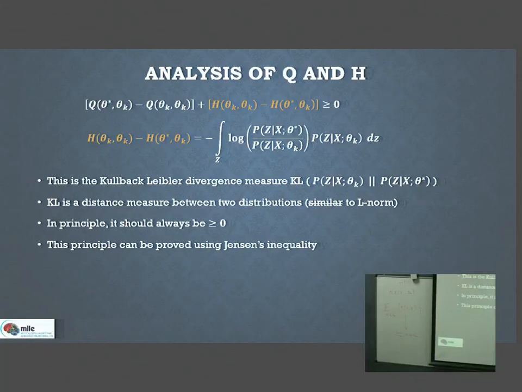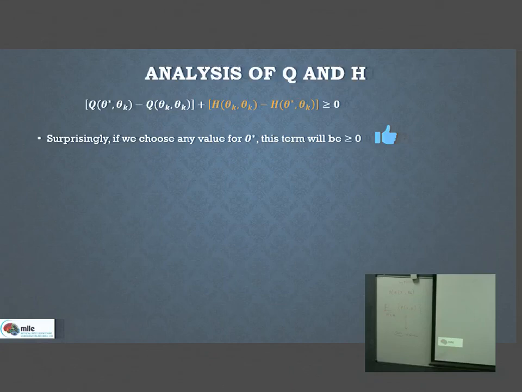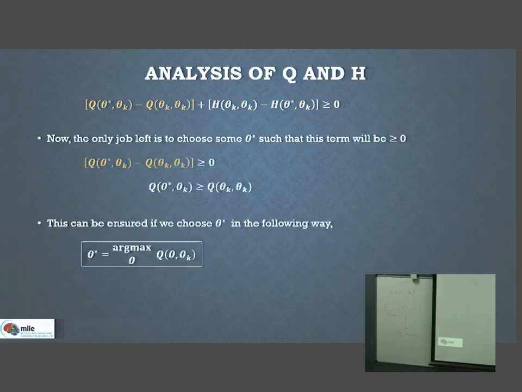So there is no point in dealing with this function anymore. Then we go to the first function, Q of theta star, theta k. If we choose theta star in such a way that it maximizes Q of theta, theta k, it will give rise to an increased likelihood value from the current point theta k.